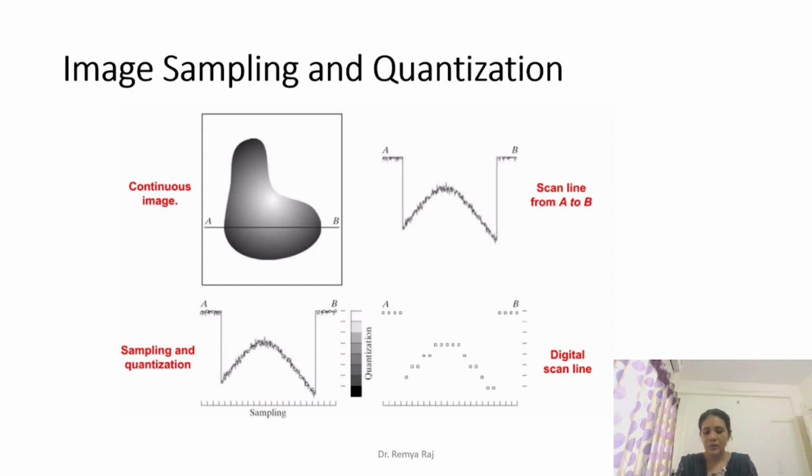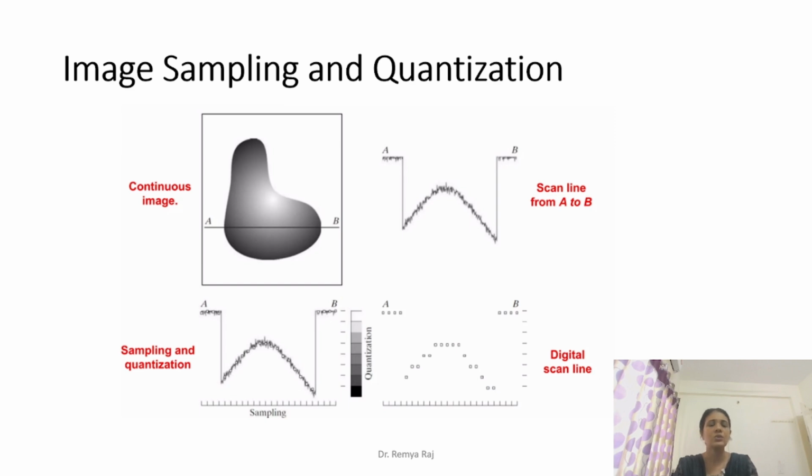So that is the first step: you have to scan a line. In order to convert the image, you first convert it into a one-dimensional form. Now you plot this line AB in a plane. That is nothing but a one-dimensional signal, because AB is a line, and a line is a one-dimensional domain.